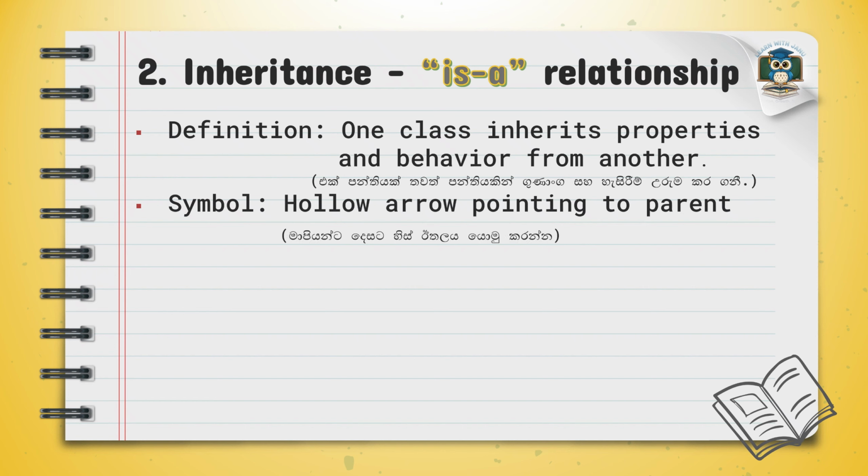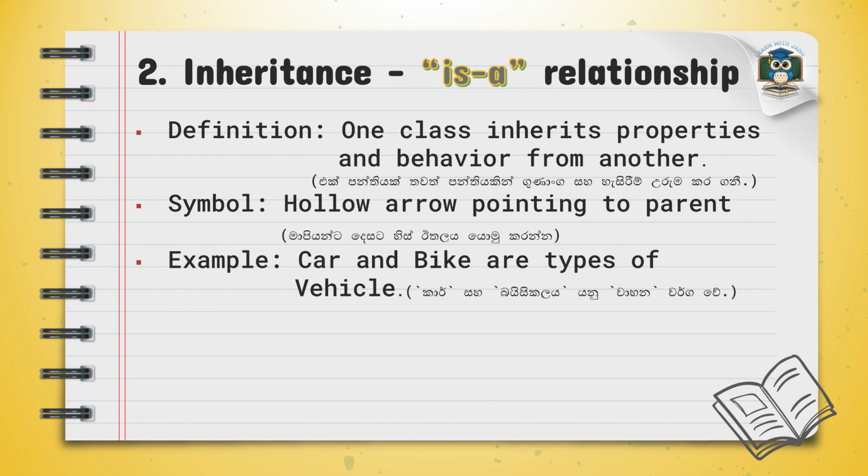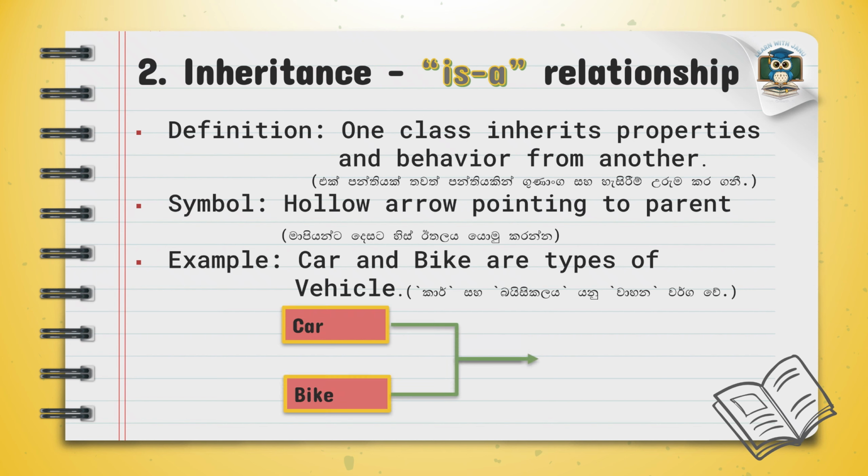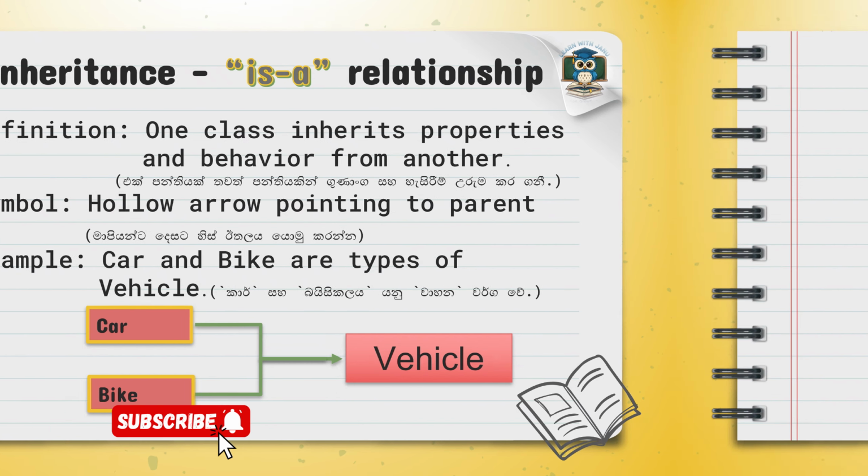When we draw the relationship between the 2 classes, you have to add the arrow pointing to the parent class. Let's take an example: car and bike are types of vehicles. You can say a car is a vehicle and a bike is a vehicle. So this is how you can describe the inheritance relationship.